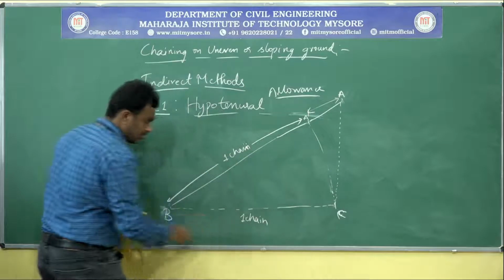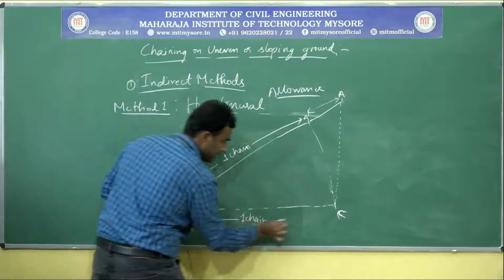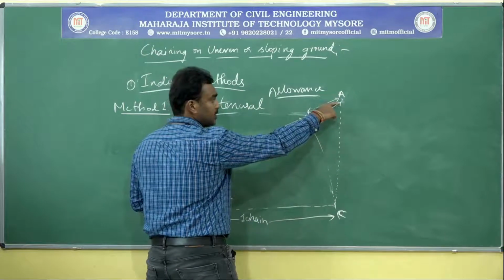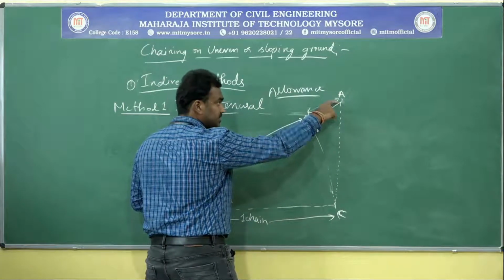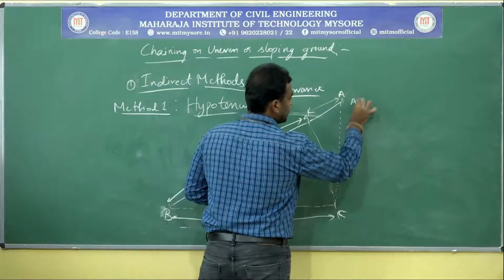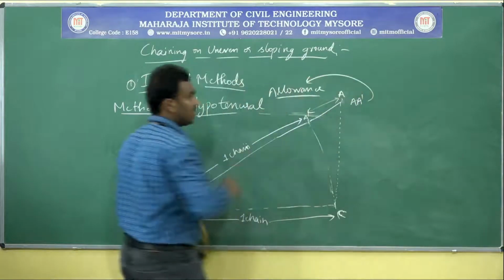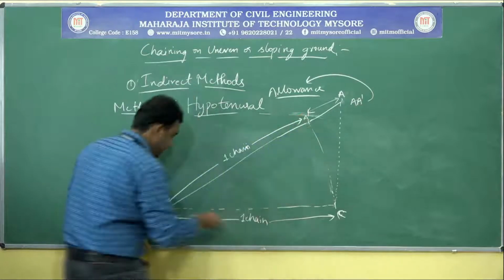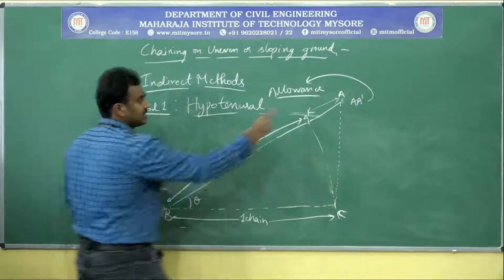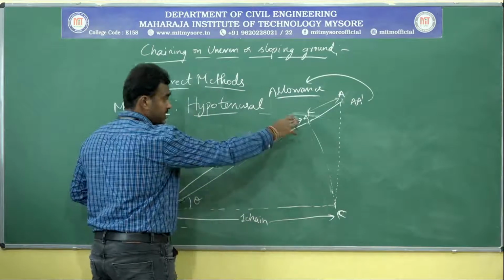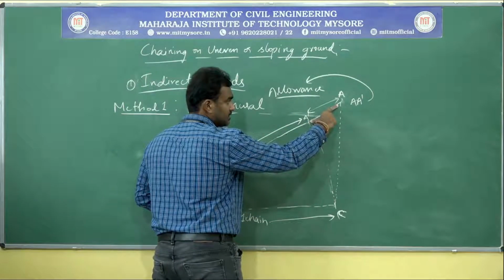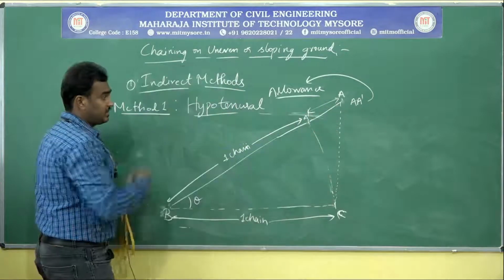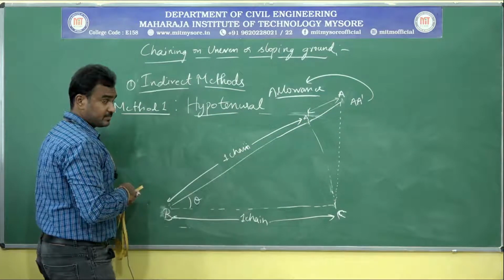This chain length is transferred over here, that's why this is one chain. So if I transfer this point of the sloping ground, this will be the slope correction. This A dash length is said to be hypotenusal allowance. Based on the slope this correction will change. Along with one chain length, if I consider this hypotenusal allowance, then we can say that I have moved forward one chain length in forward direction.